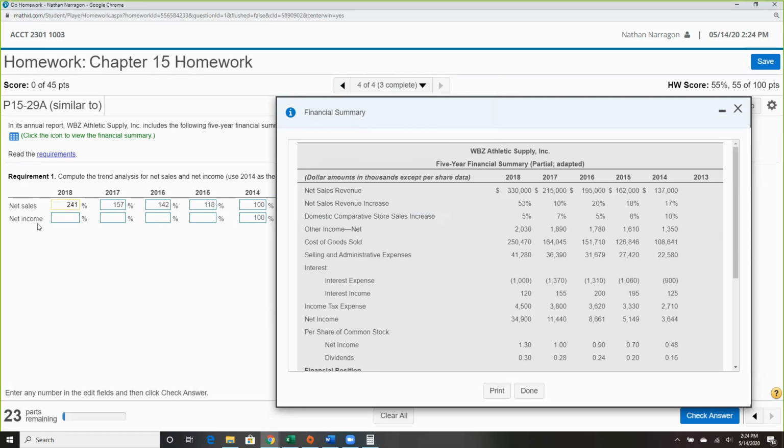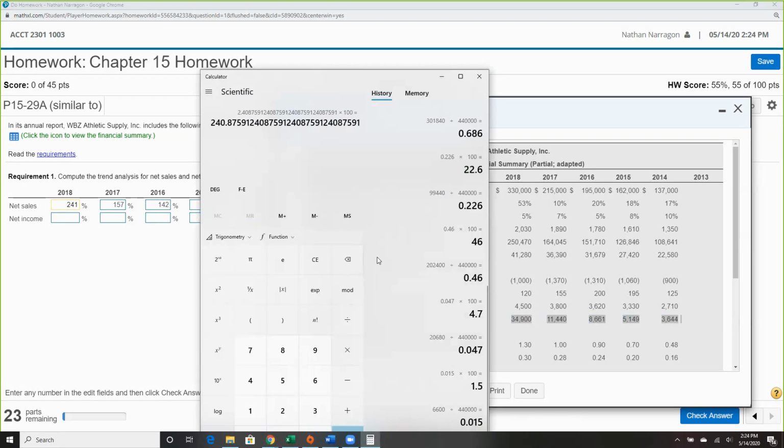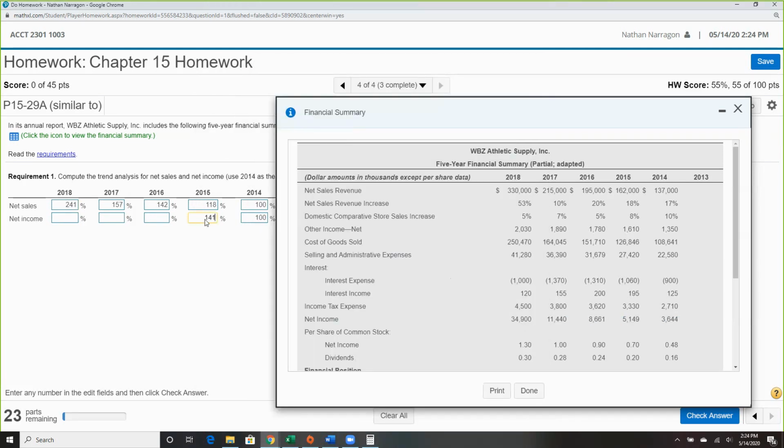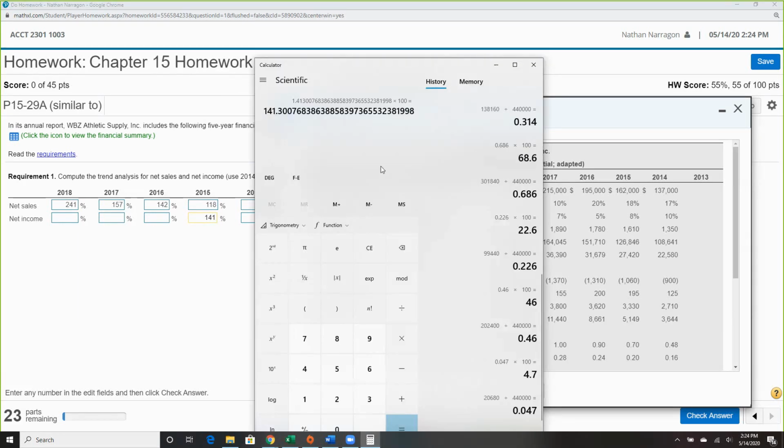Next, net income. We're going to do the same thing. So these numbers here. Remember, this is our base. So we're just taking each year. So we already increased by 141% there. 16 is 861 divided by 364.